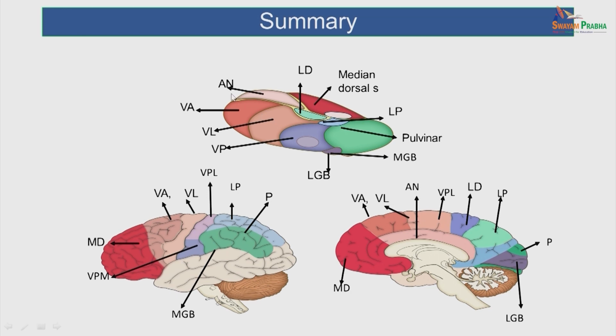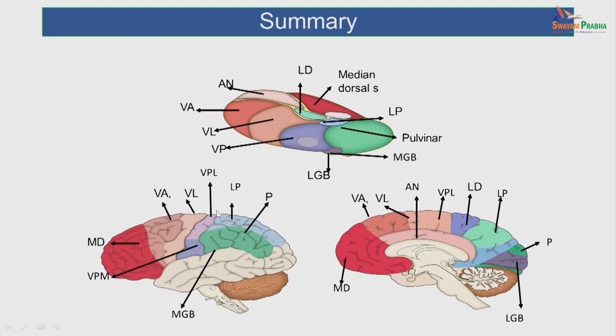The ventral anterior and ventral lateral are connected to the associated motor areas on both surfaces of the cerebral cortex. Then we have the VPM and VPL nuclei to the specific sensory cortical area.